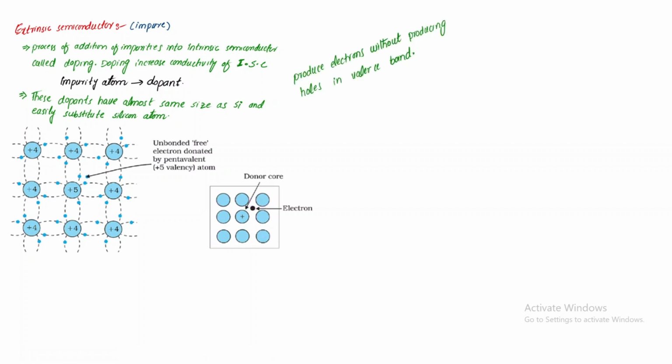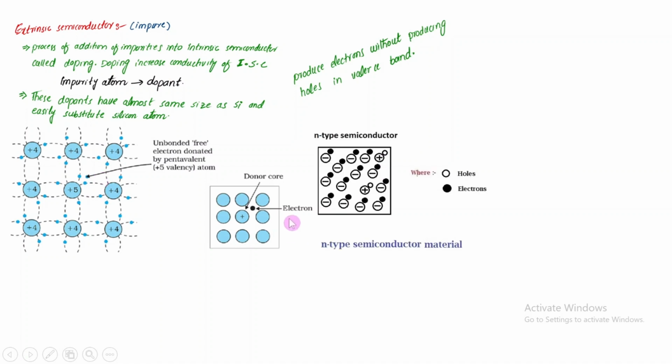Here this electron has been produced without producing a hole in the crystal. A hole is actually a quasi-static particle, as I have discussed, which represents the vacancy of an electron and has positive charge. If we see the macroscopic structure of the n-type material, it looks like this.